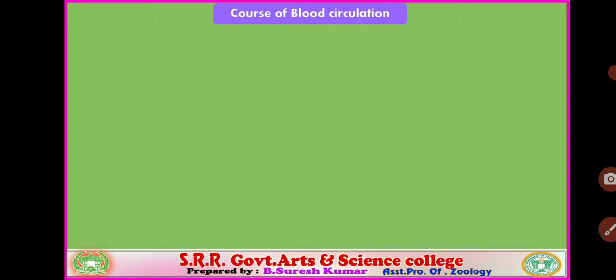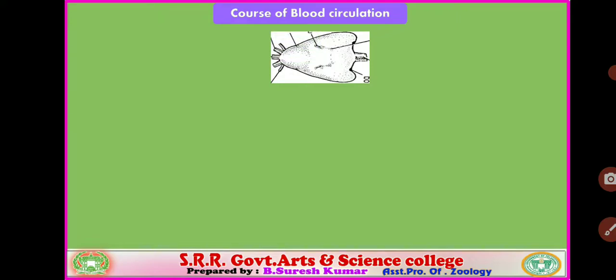Yes, let us see the final event in the circulatory system, that is the core of circulation, the mechanism of circulation. This is the first point, that is the heart. The heart is the pumping organ. From here the blood pumping starts.